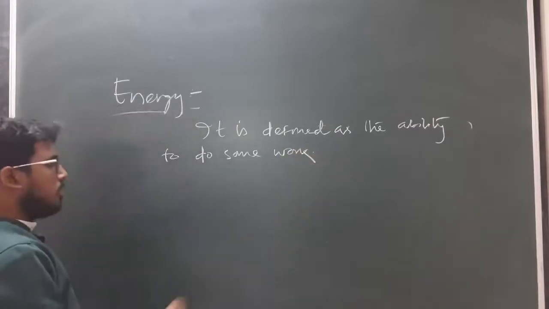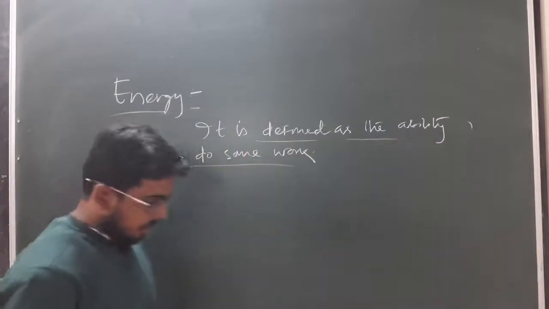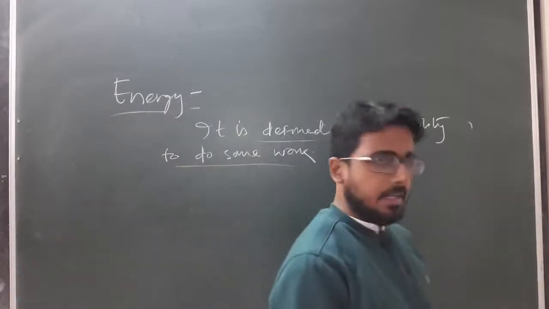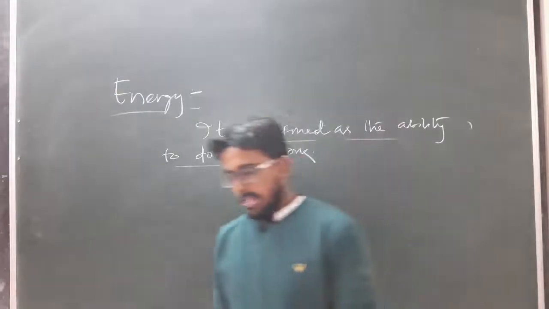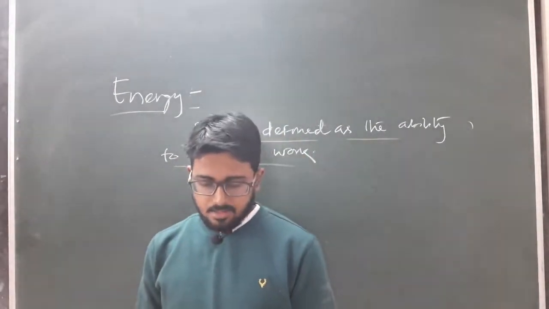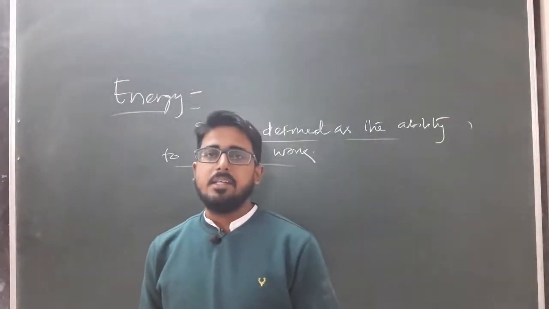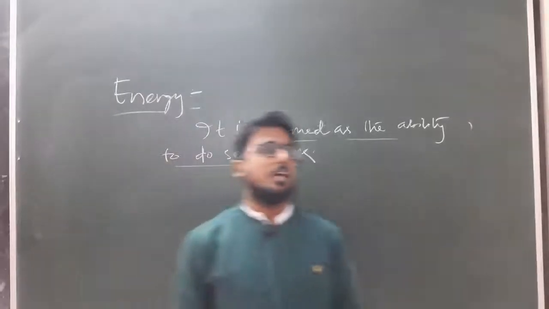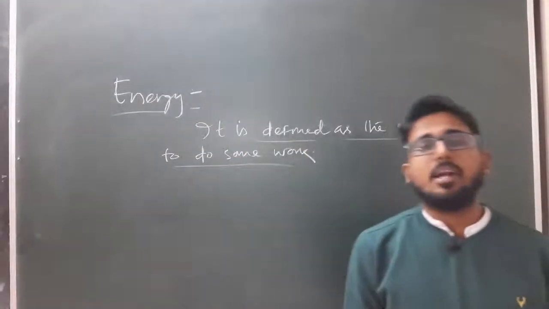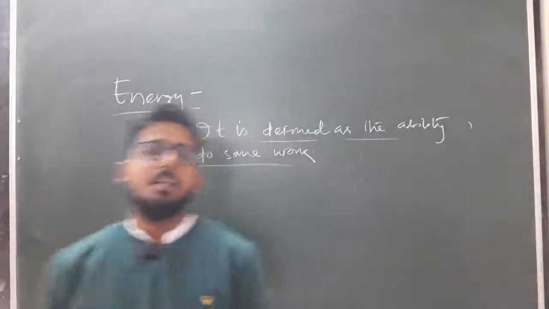So if you are doing some work, depending upon your energy, the amount of work done will depend. For example, someone can eat 5 bread and someone else can eat 50 bread in a day. So depending upon their energy, eating is the work done, and the amount of eating is known as energy.